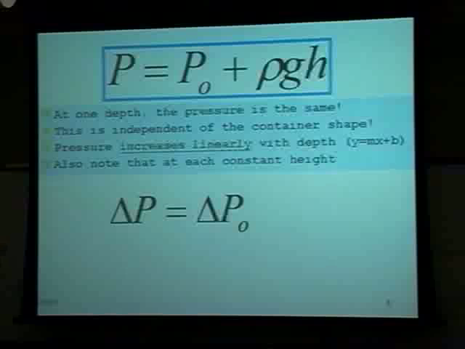Because my height hasn't changed. So my delta H would be 0. And so I'd have that any change I would feel above would be felt below, all the way through the fluid. Any change of pressure applied to the fluid is going to be felt all the way through the fluid.